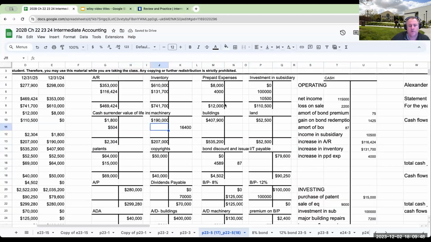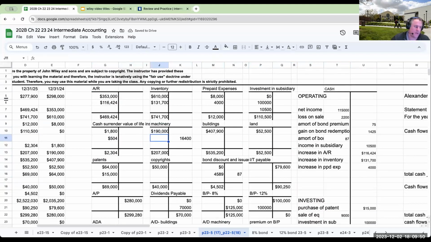Okay. With the machinery, what I'm trying to do is figure out what happened to this machinery account. How do I get this to balance? So this is going to be 190,000 plus X minus 16,400 equals 207.